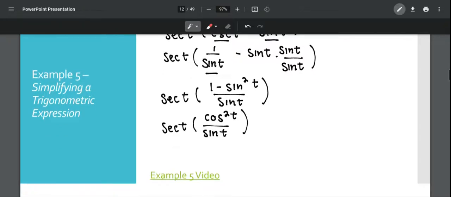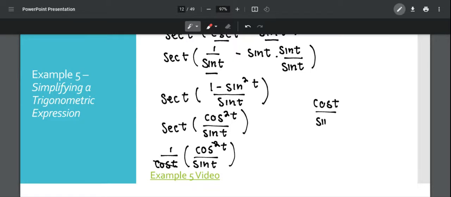And the reason you might want to do that is because instead of saying secant on the outside, you could change that to 1 over cosine times cosine squared over sine. So now you have a cosine in the denominator, a cosine squared in the numerator, and you're left then with cosine over sine.